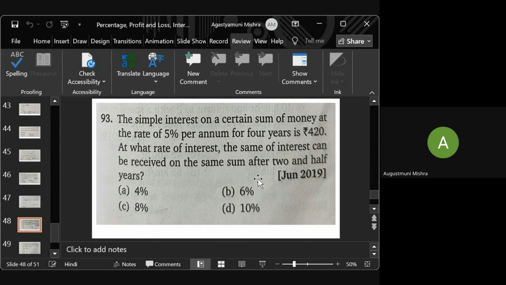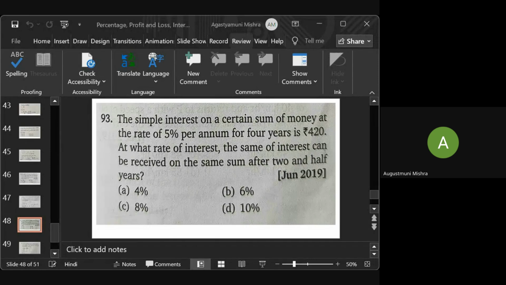This is another question. You can start solving it.